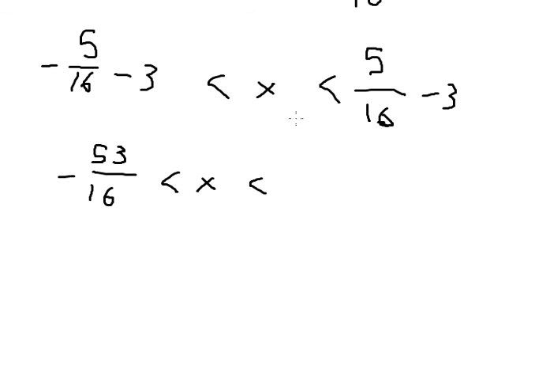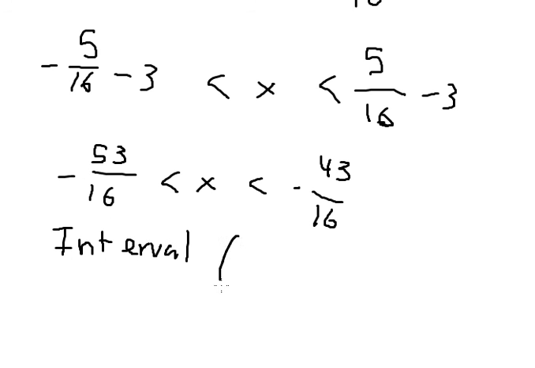This one we have negative 43 over 16. So this one, the interval of convergence, should be from negative 53 over 16 to negative 43 over 16.